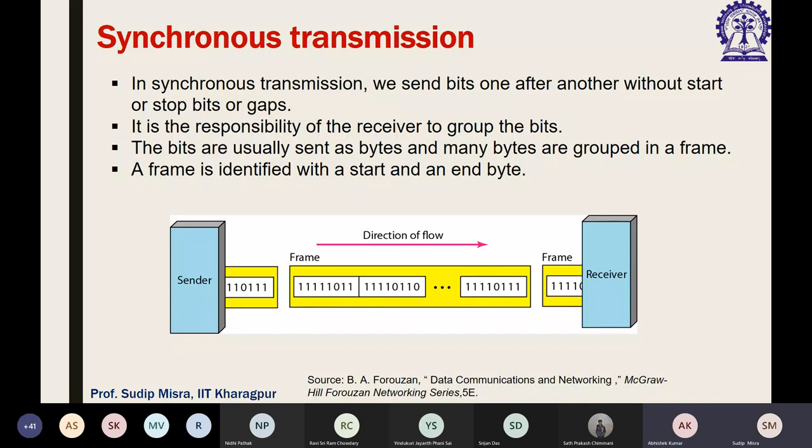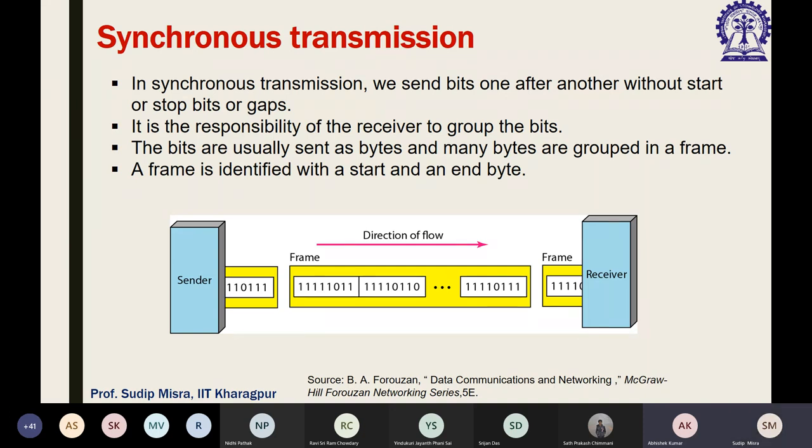If you are not using the start and the stop bit, the sender sends the streams of bits one by one, and it is the receiver which is tasked to group the bits together. The receiver will have to group them in the form of something called frames, and these frames are identified with a start and an end byte.